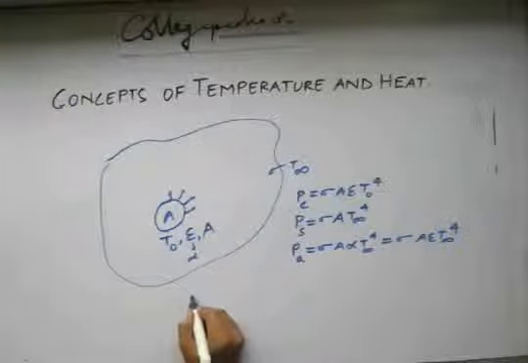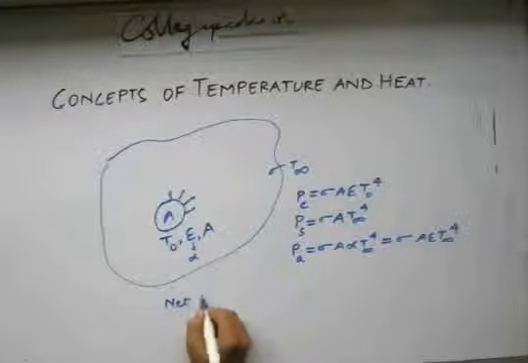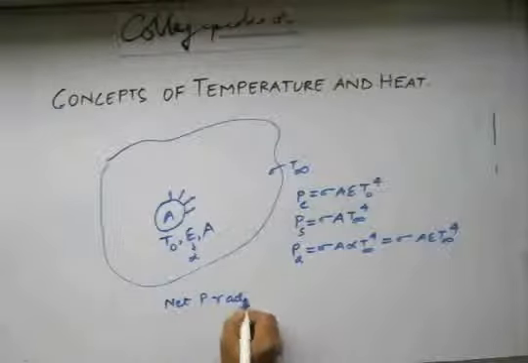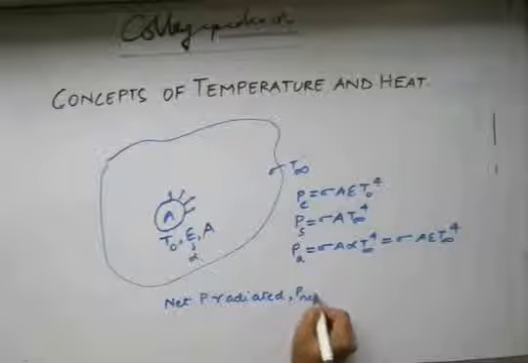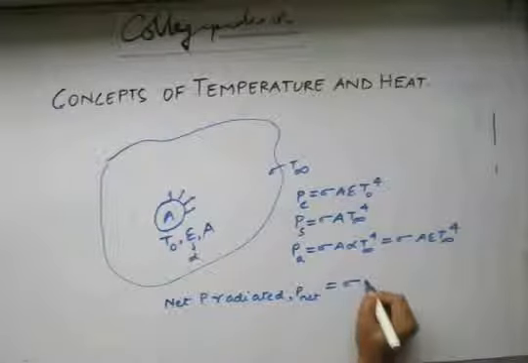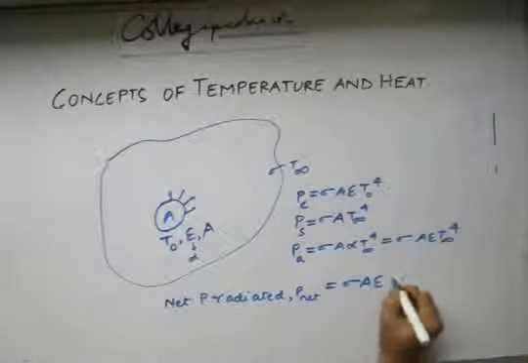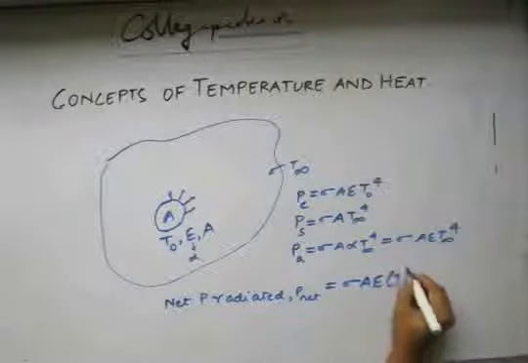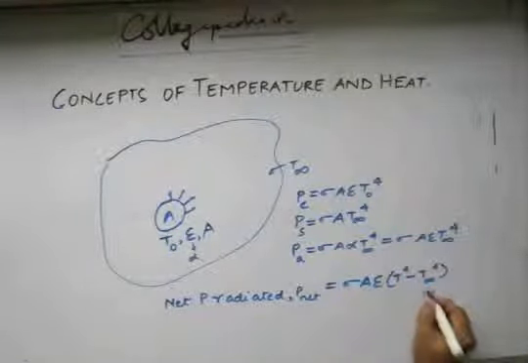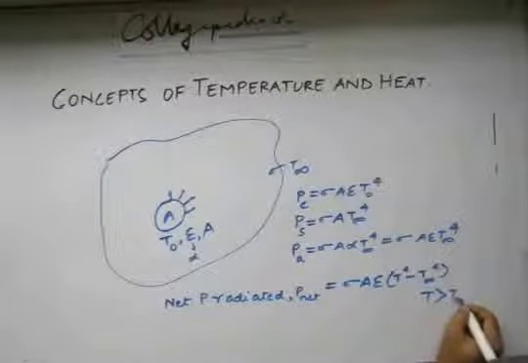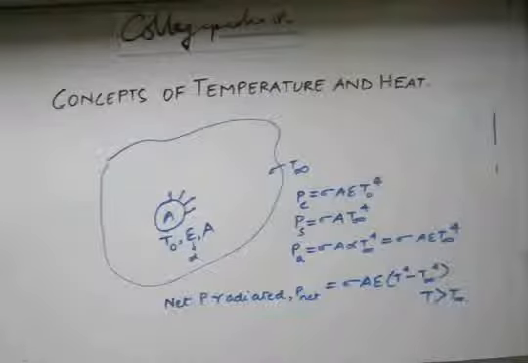So net P radiated is going to be equal to sigma A epsilon times T to the power 4 minus T infinity to the power 4, provided T is greater than T infinity. This is how a body loses heat to the surroundings by means of radiation.